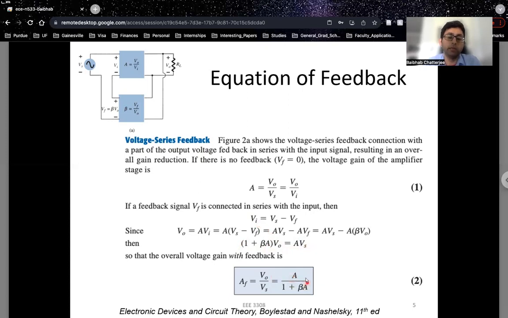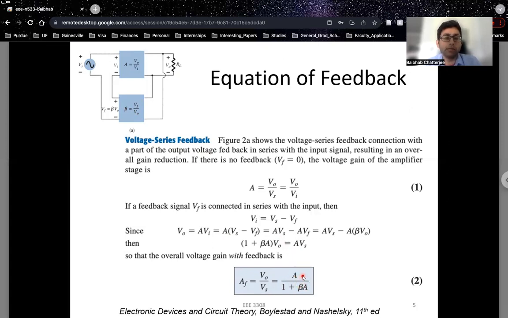And eventually you'll end up with this equation for your gain with the feedback. So the V0 is your output voltage quantity and Vs was your original input voltage quantity. The gain with the feedback is basically the feed forward gain, which is A, divided by 1 plus beta, which is the feedback quantity, times A. Now, again, as I said, irrespective of the type of feedback, this equation will hold true.